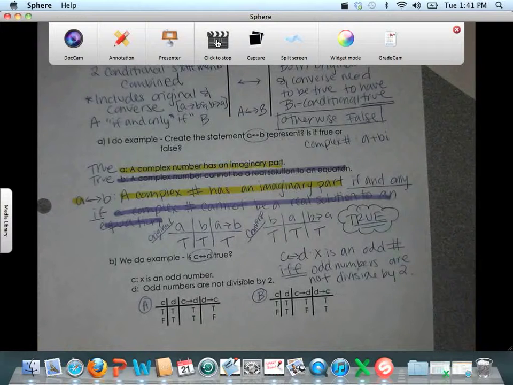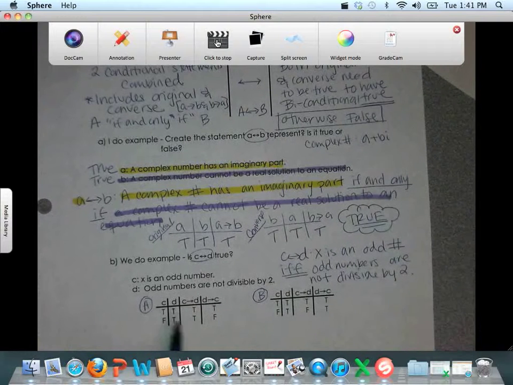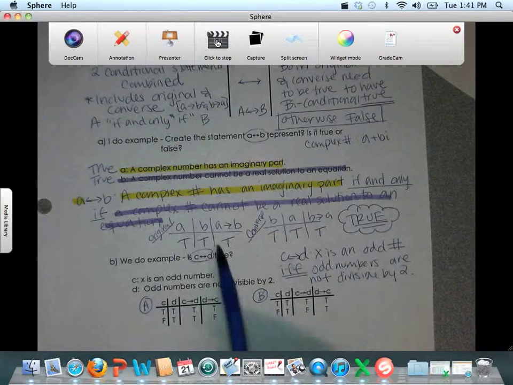Okay? That's your conditional statement. Now, in order to figure out which table is the correct one, because one's correct and one's wrong, the first thing you need to realize is that they took their two tables and combined them into one.